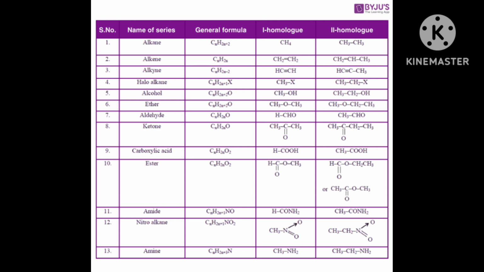Different castes mean different families: alcohol family, aldehyde family. Like that, different types of esters will be there: methyl ester, ethyl ester, methyl ethyl ester, butyl ester. All esters are one family. That is called homologous series.